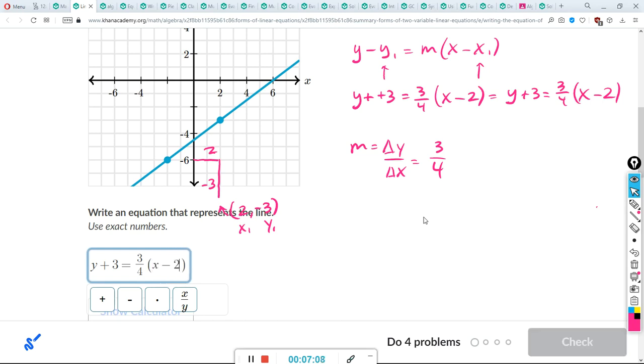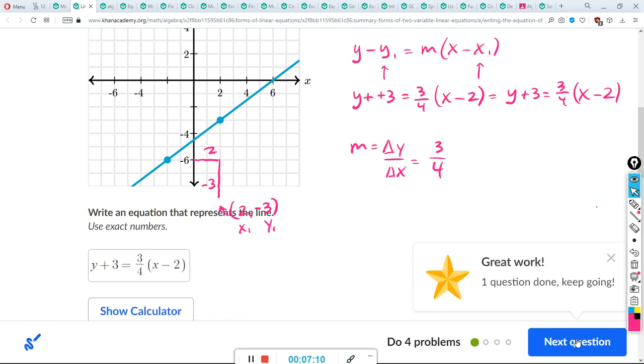So when they don't give you the y-intercept point, use the point slope form. I mean, that's what I suggest. You don't have to. You can use y equals mx plus b every time, but it might be hard for you to get this point right here.